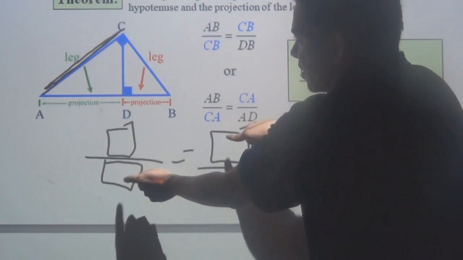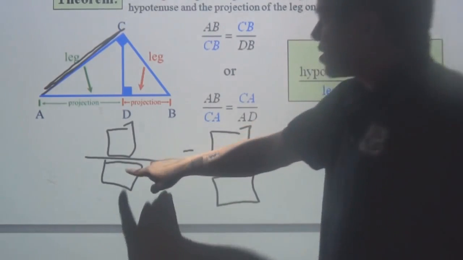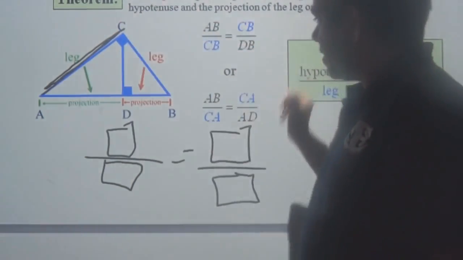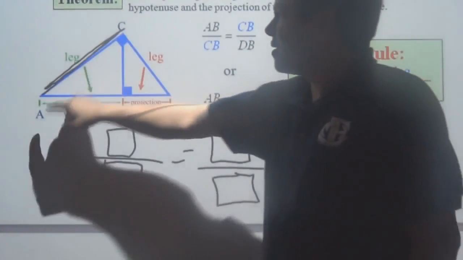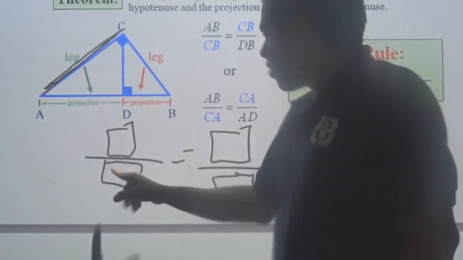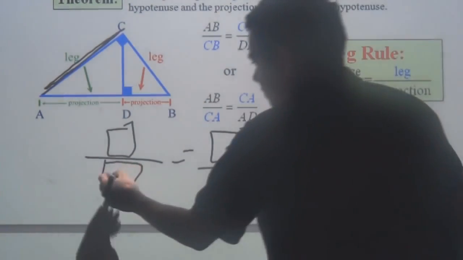So this is where you're gonna put the leg. Alright, so let's take the leg CB, for example. CB, or you know what? No, let's take AC or CA. Yeah, let's take CA. So this becomes the mean, so CA goes here.